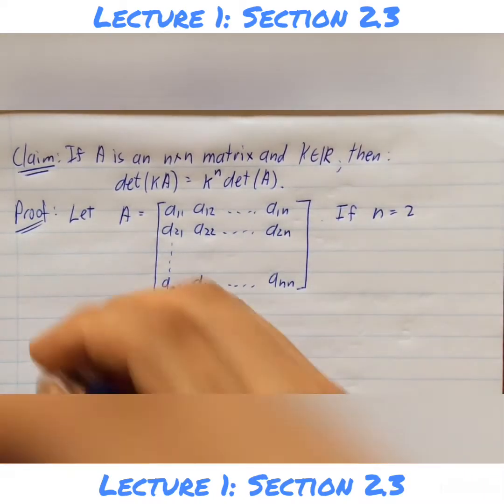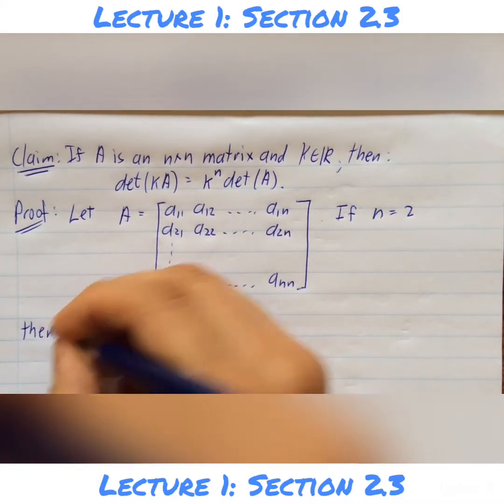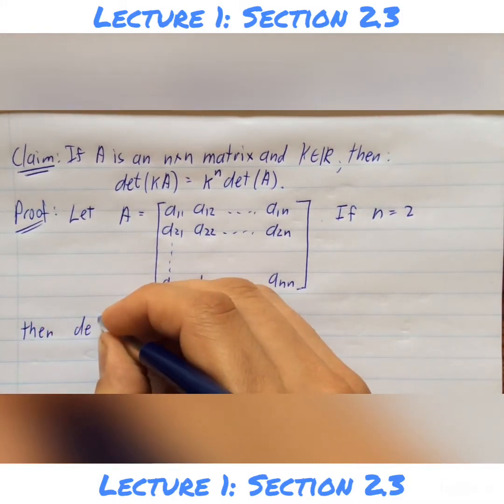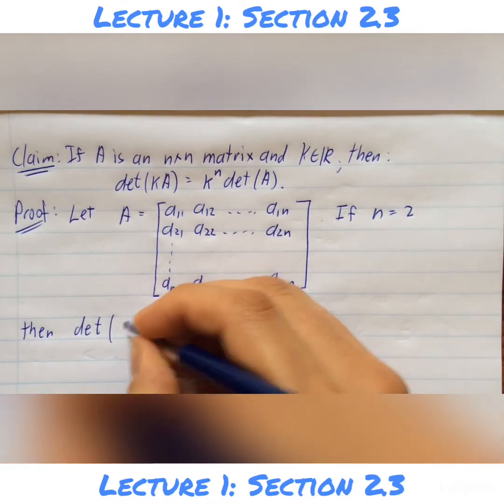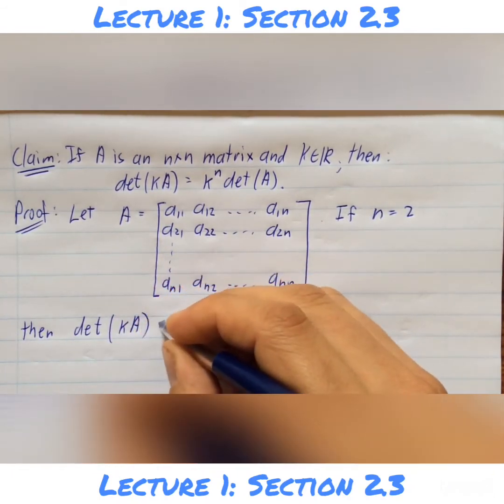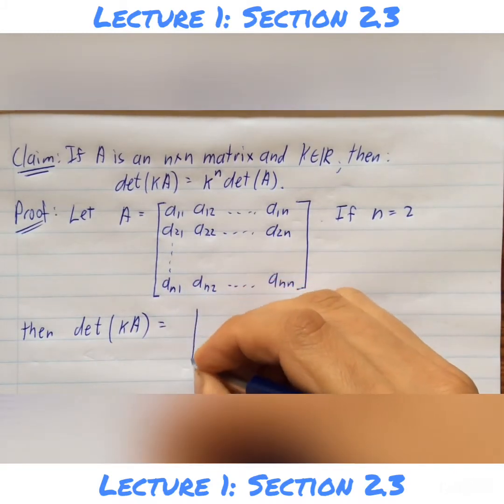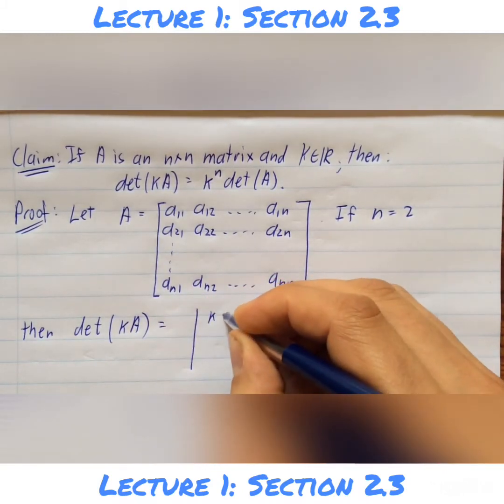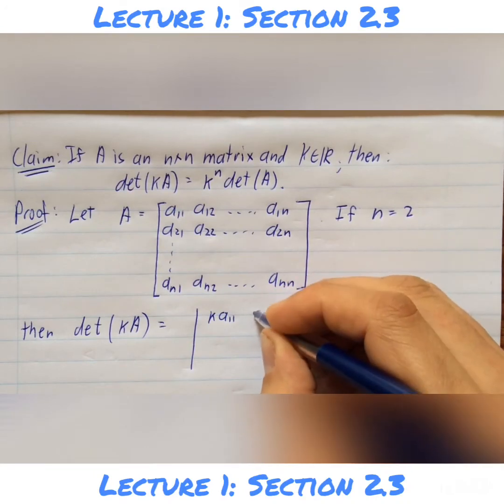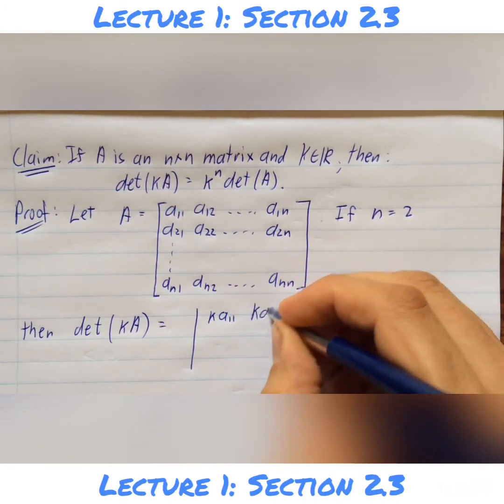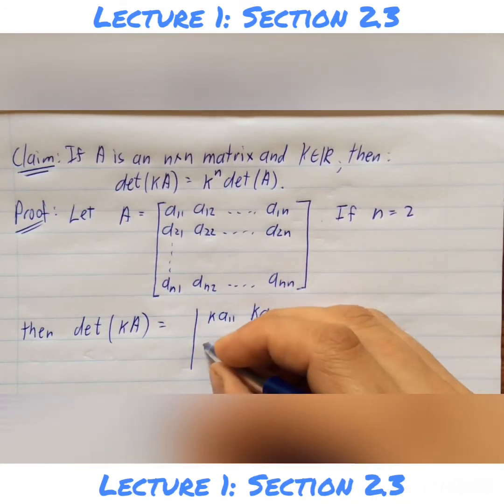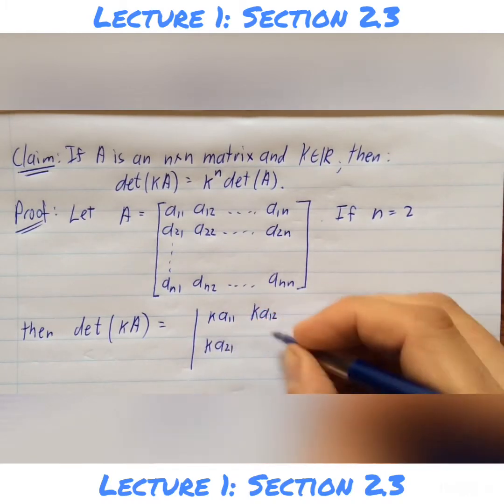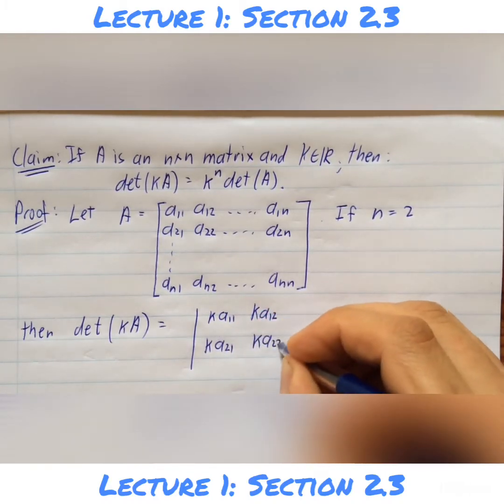If n is 2, then the determinant of the scalar multiple of A is basically going to be the determinant of this matrix here. It's going to be the determinant of ka11, ka12, ka21, and ka22.